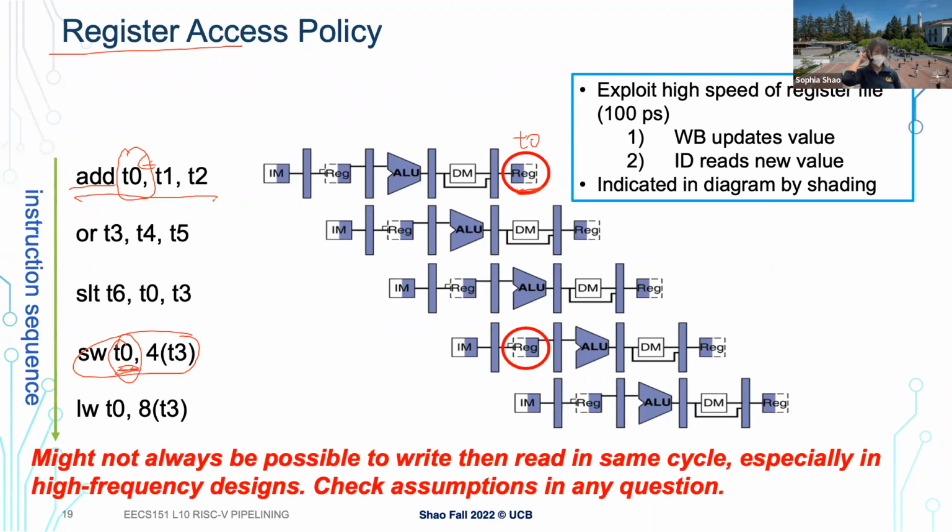For the particular case that we highlighted here, this is actually easier to resolve, because the hazard happened in this cycle, right? When I'm writing to the register from the addition and then reading from the register. Remember we mentioned that write happens synchronously with the clock in our register file.